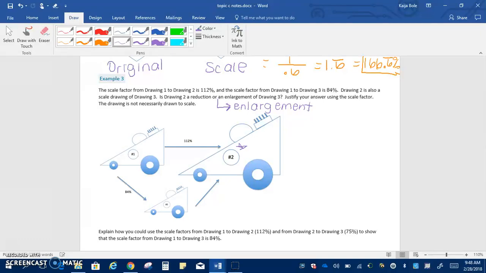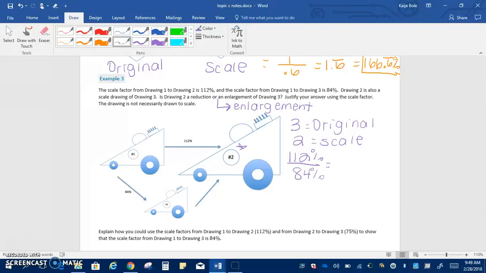Alright, and now we have to justify using our scale factor. So drawing 3 is going to be our original because we are going from 2 to 3, and drawing 2 is going to be our scale. So if we do scale over the original, we would have 112%, which we take from our first one, over 84%.